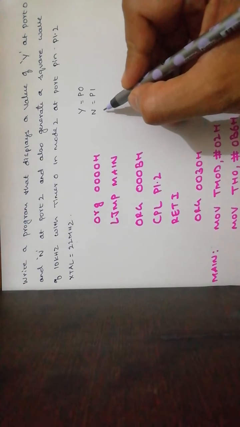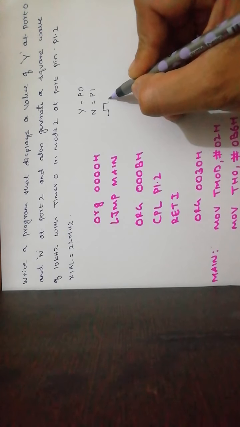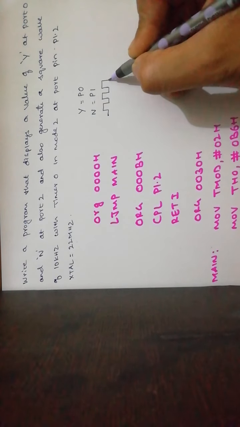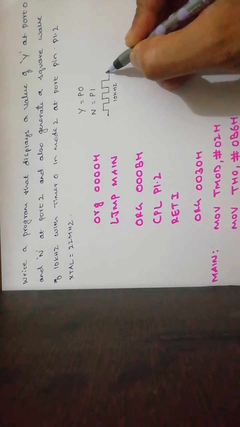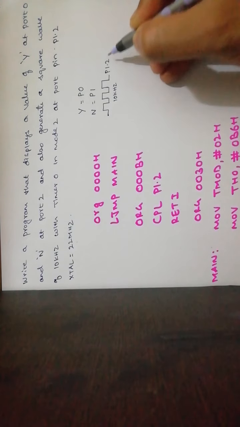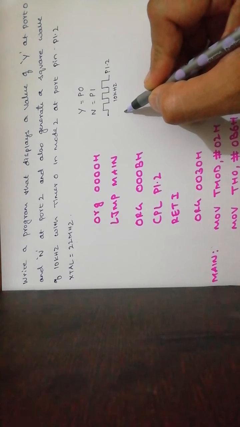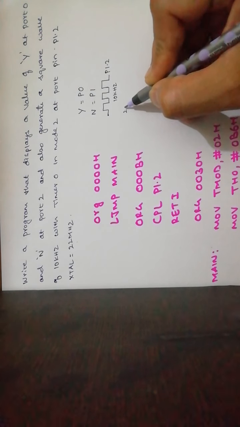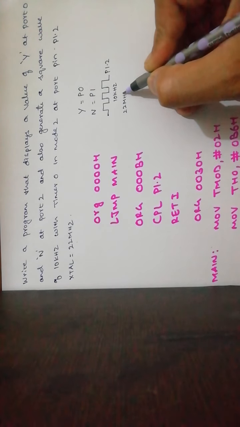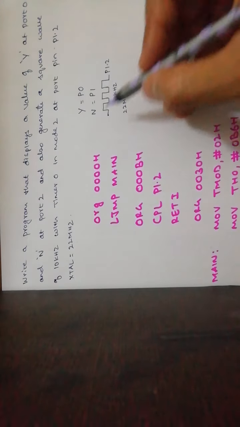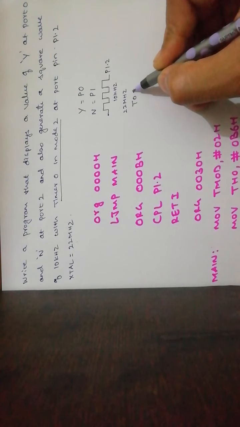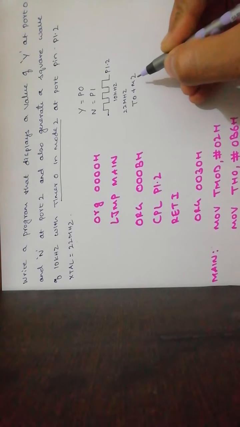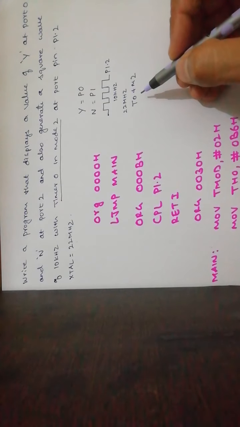Then again we need to generate a square wave of frequency 10 kilohertz at pin P1.2, with the crystal frequency of 22 megahertz. It is given that you have to use timer 0 and mode 2. So all these are given.